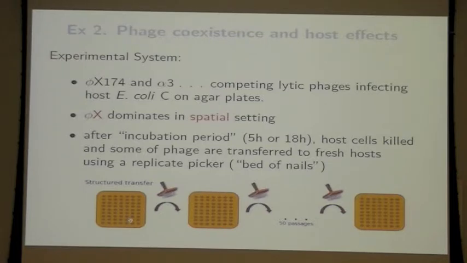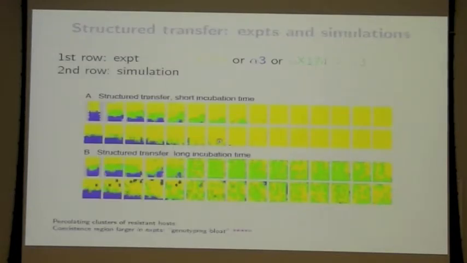And in the short incubation period, 5 hours, phi X wins. What we expected. So this top row here is that initial experiment. Short incubation period, and what you see, 15 passages of this experiment.